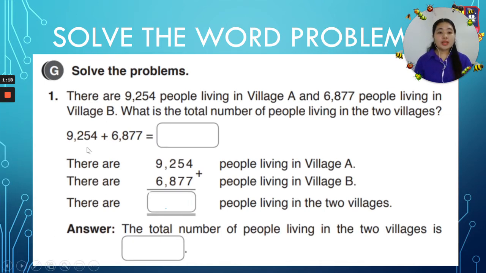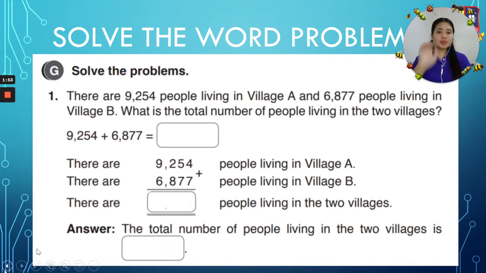Here the number sentence is given already: 9,254 plus 6,877. Then you have to write: 9,254 people live in village A, then there are 6,877 people living in village B, and that's the total people living in the two villages. If you get the answer here, that is already the final answer.